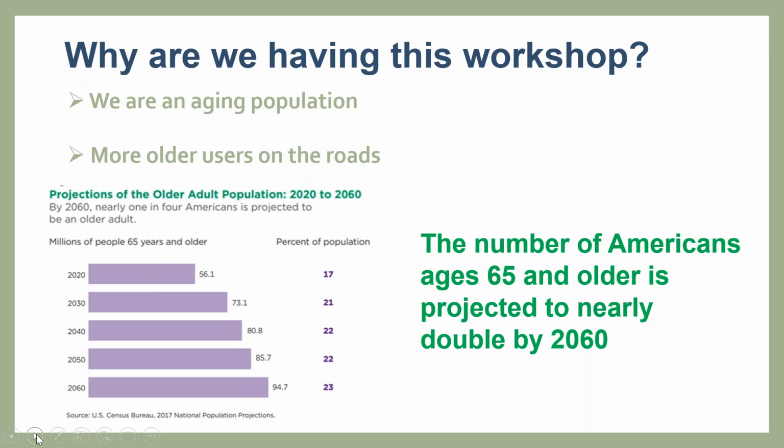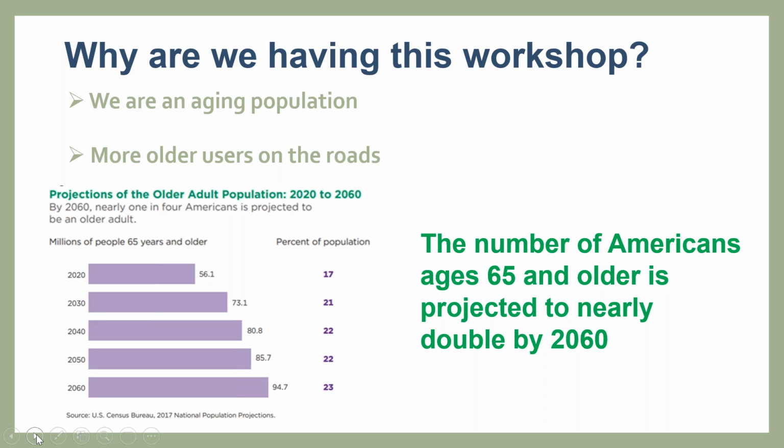So let's start up with why are we having this workshop, and why did FHWA produce this handbook on designing roadways for an aging population? Well, quite simply, it's because we are an aging population. If we look at the demographics, we have more older users on the road, and those numbers are going to continue to build as the decades come about.